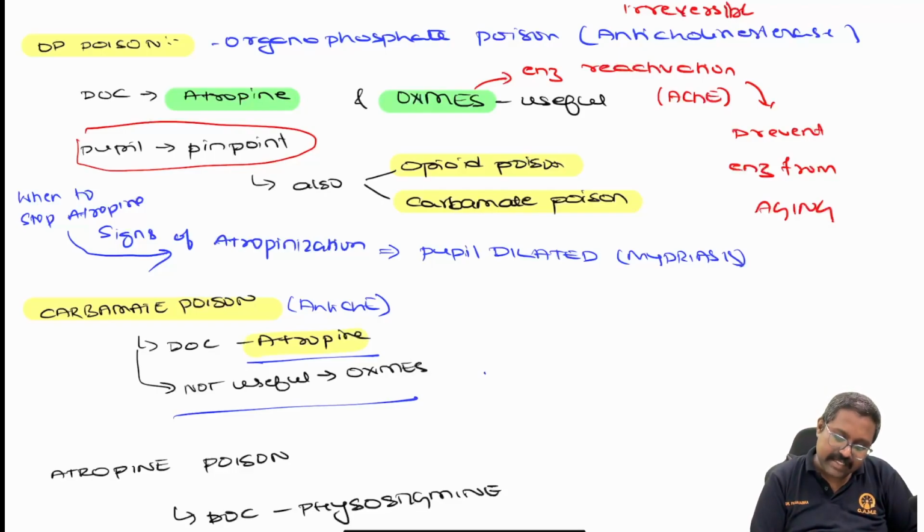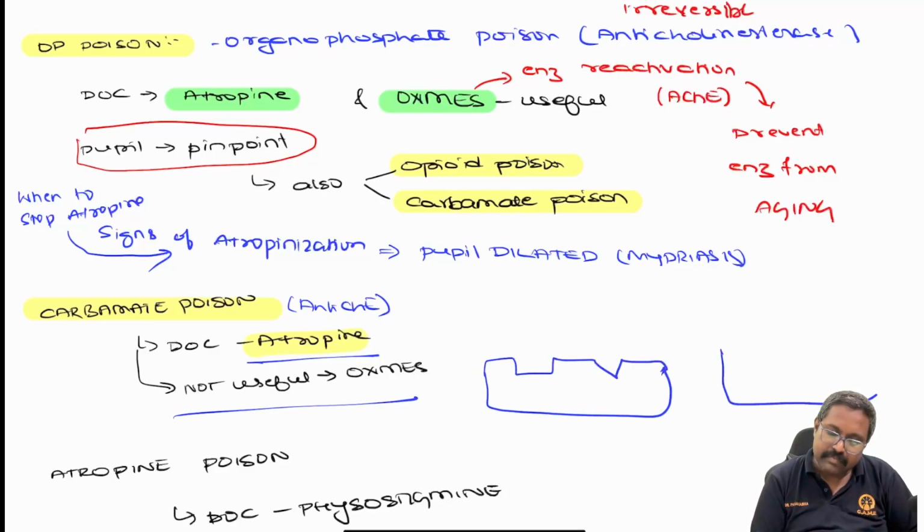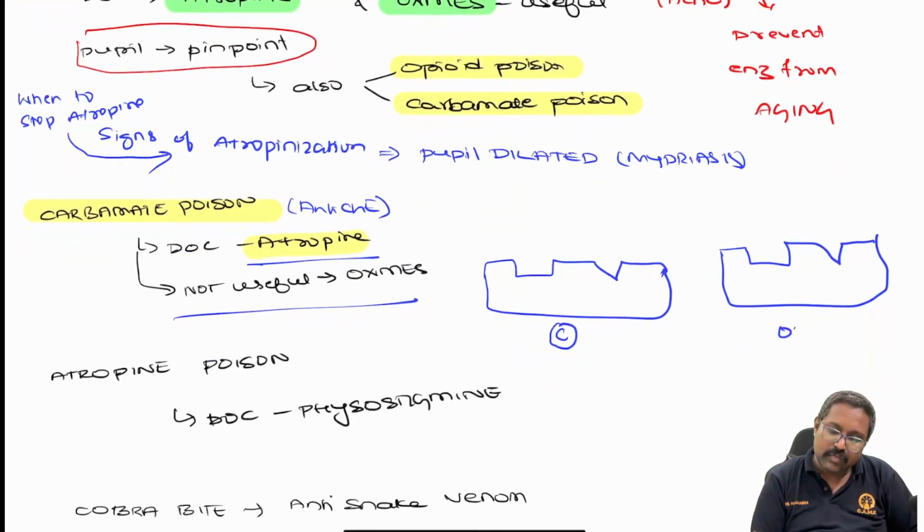So if you take an example of a diagram of the enzyme, let us consider this is the carbamate poisoning, and this is your OP compound poisoning, and this is the acetylcholinesterase. So whenever the carbamate comes, it is going to bind.